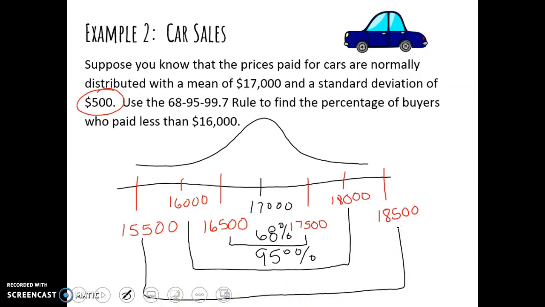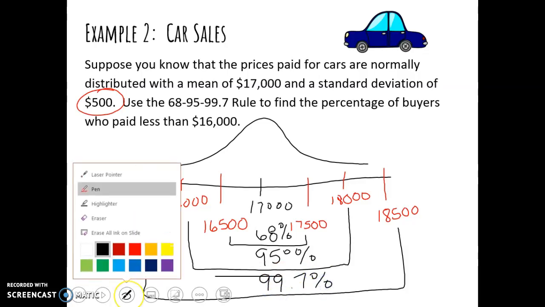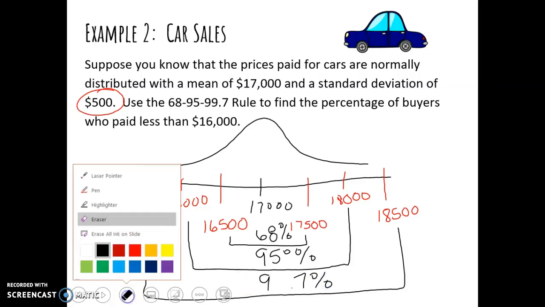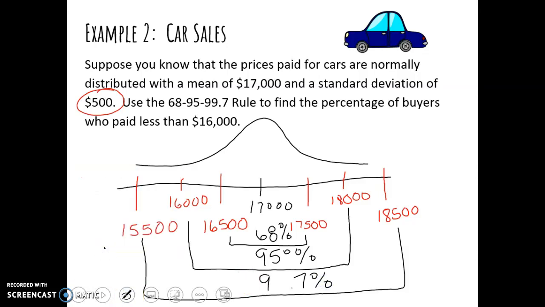And approximately 99.7% of the data falls between 15,500 and 18,500. Now, we have defined this curve and this distribution for the prices paid for cars using the empirical rule based off the mean and the standard deviation given.